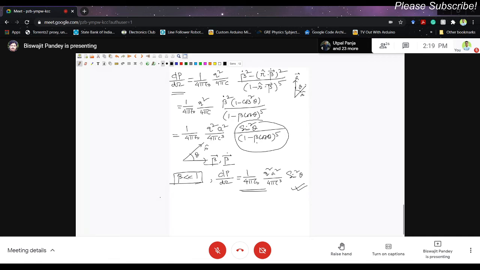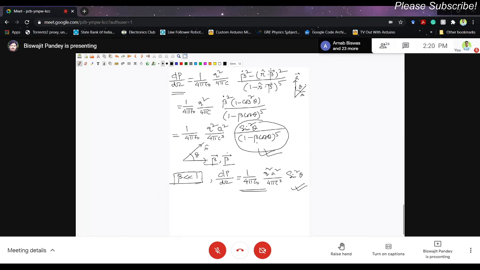Okay, and now we want to understand the pattern. How should the radiation pattern look? How do we get any idea? I think to get that, you should actually take a derivative of this function. So let us find the angle along which maximum power will be radiated by the accelerated point charge.